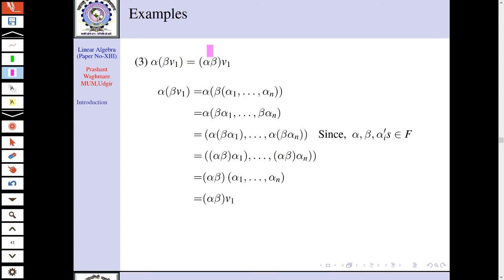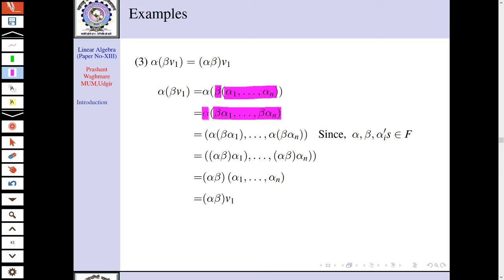In the same way, the third axiom is here: alpha into beta v1. As you can observe here, alpha into beta. Beta is a scalar, multiplied with a vector, and the multiplication is defined by multiplying that beta with each coordinate. Then again this becomes a vector, and this alpha is a scalar.